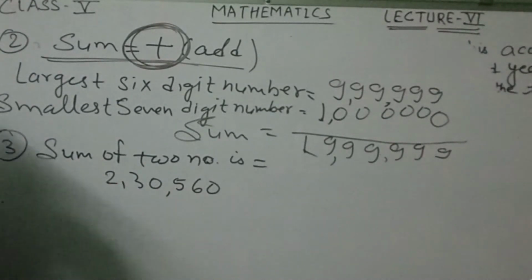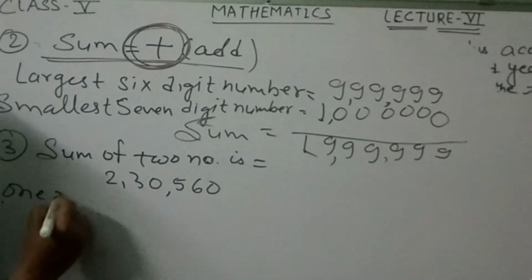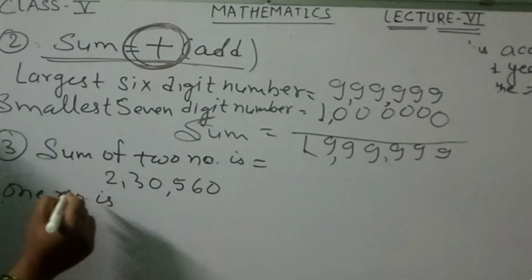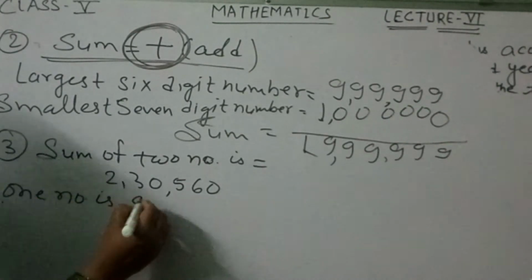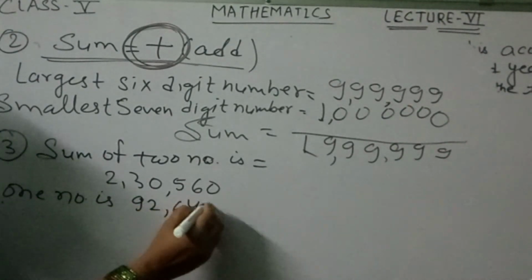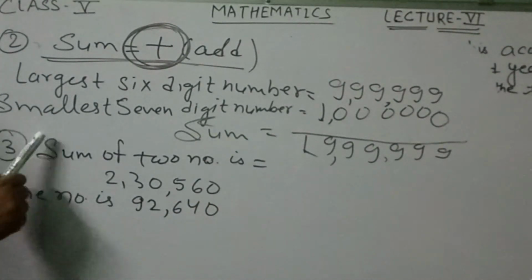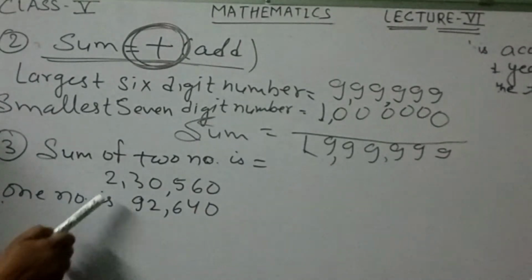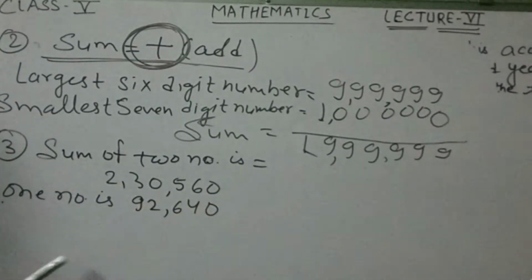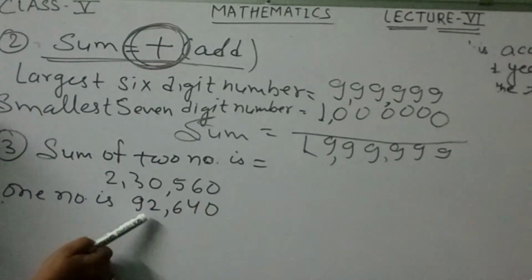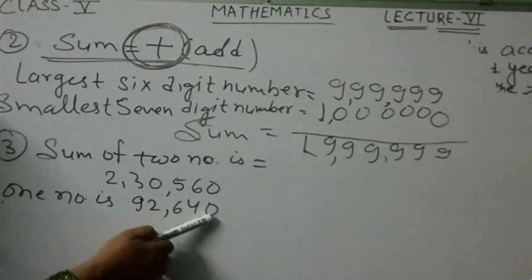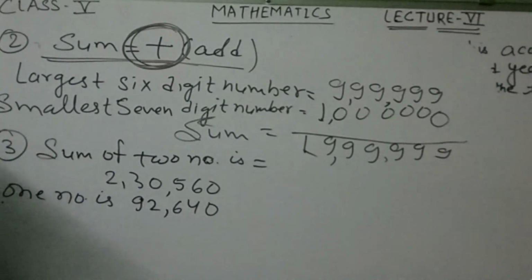And if I tell you one number is 92,640. Okay. Here in the question, what is given? Sum of two numbers is given, 2,30,560, and one number is also given here, 92,640. Then you have to find out the other number.